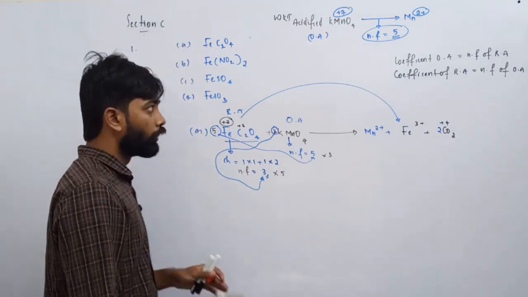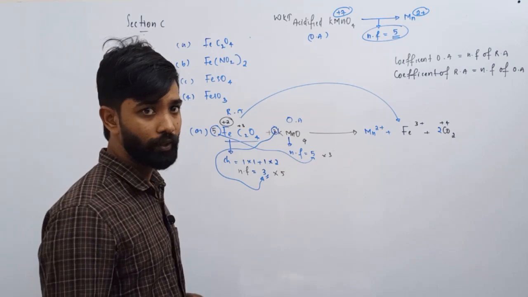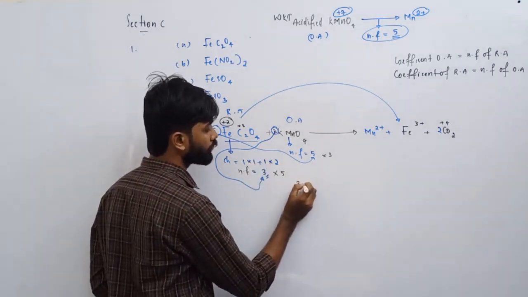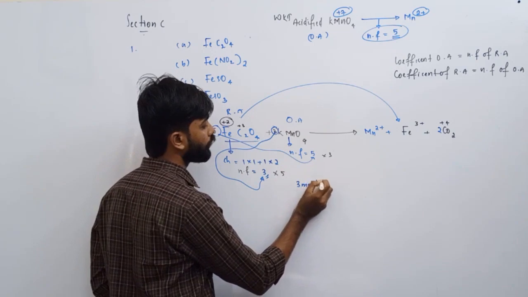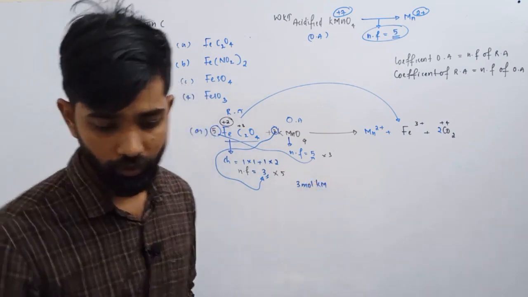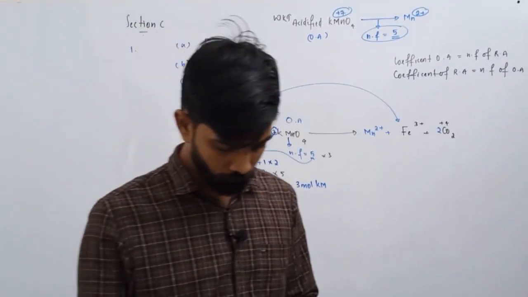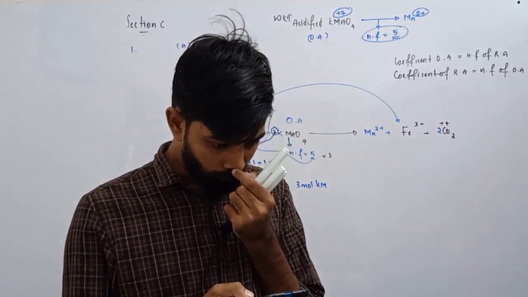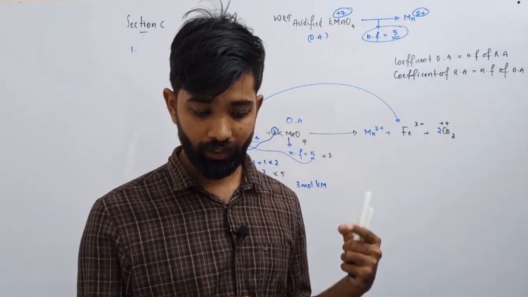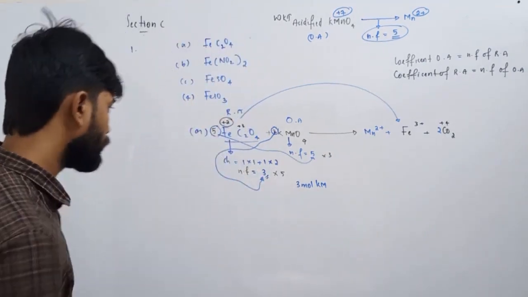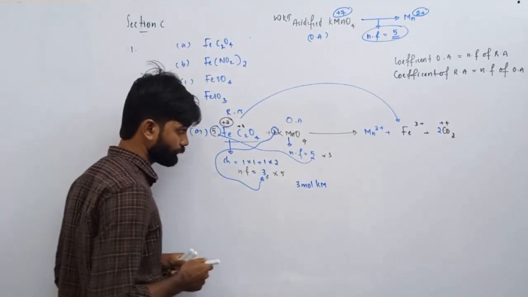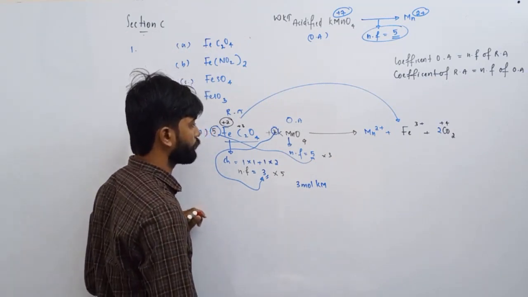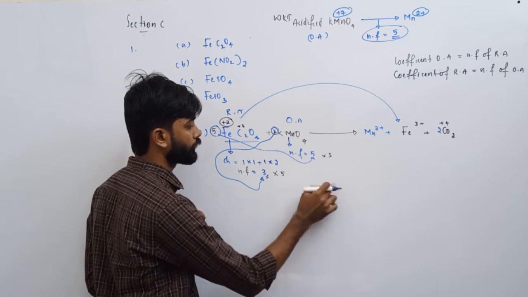If we get the coefficient, we can simply compare it, right? So what about the case here? The question is, which of the following requires the least amount of KMnO4? Ready.